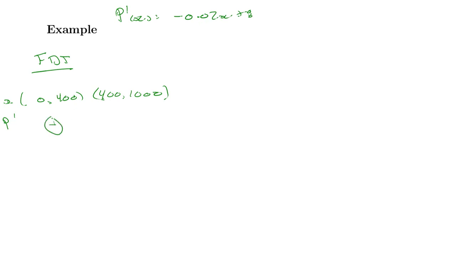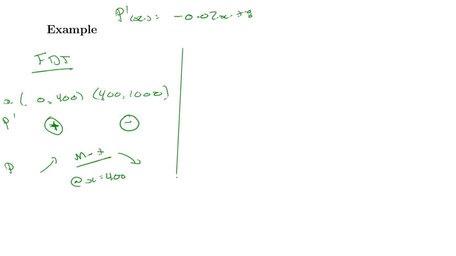That's going to be positive. And if you plug in something like 700, you're going to get negative 14 plus 8. That's negative. So that means your profit function is increasing, then decreasing. There is a maximum right here at x equals 400. So there's your first derivative test. The second derivative test is, again, actually really easy.